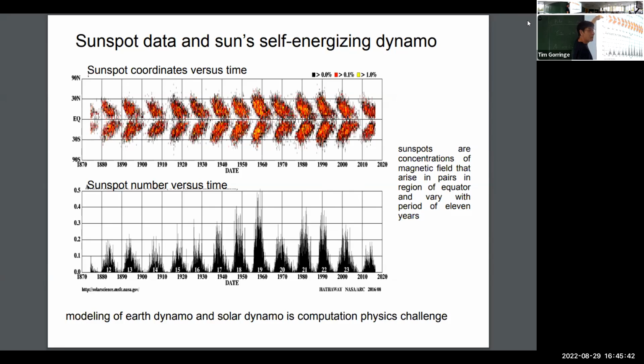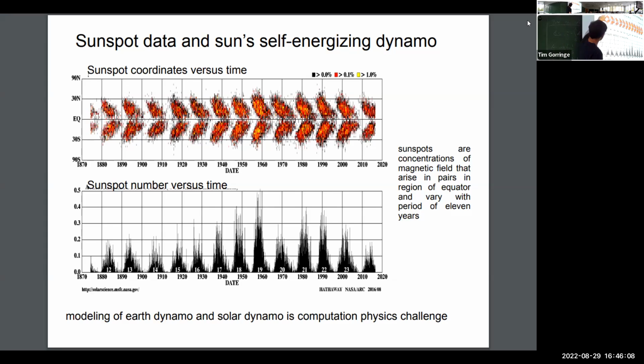So right here is the equator, and here we go towards the north geographic pole of the sun. Here we go towards the south geographic pole of the sun, and then we're plotting the sunspots, not just their time, but their location. And the different colors indicate the intensity of the rates of the sunspots.